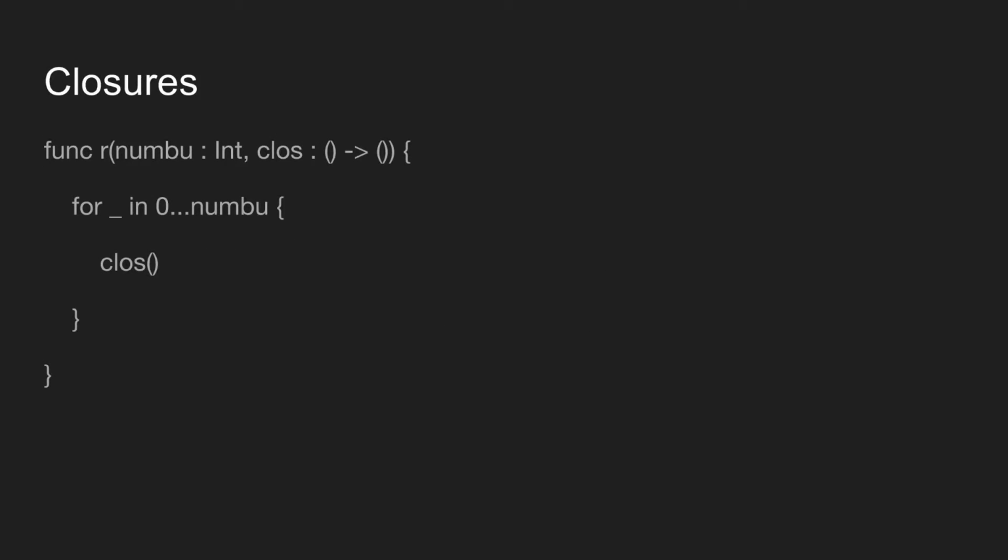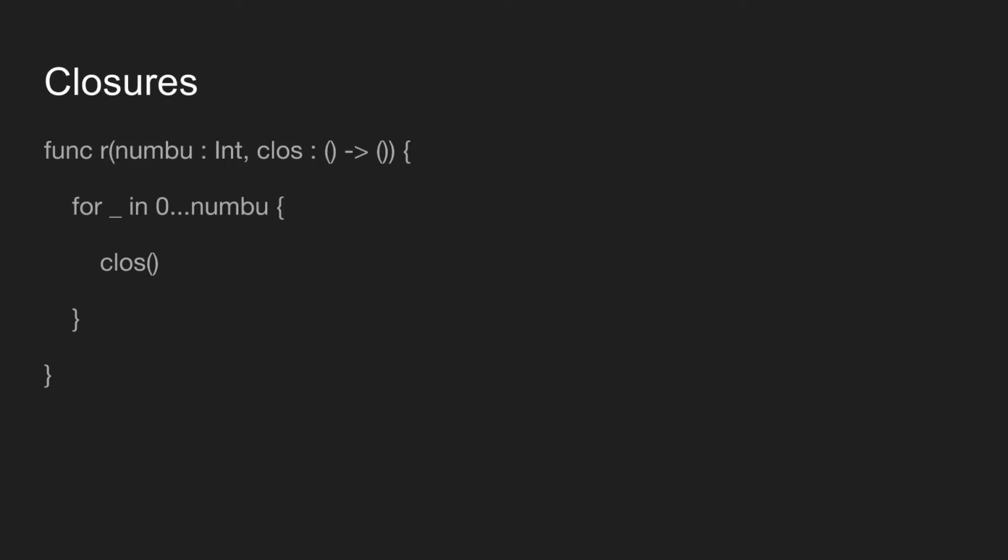Okay, here is closures. So we have a function called r that means repeat. A number that has type Int means number, and the closure takes empty parameters and returns empty, meaning it doesn't return anything.